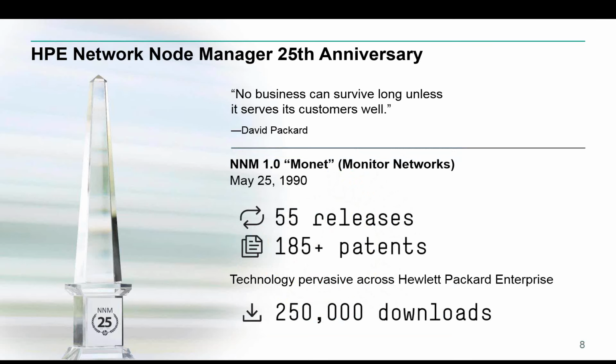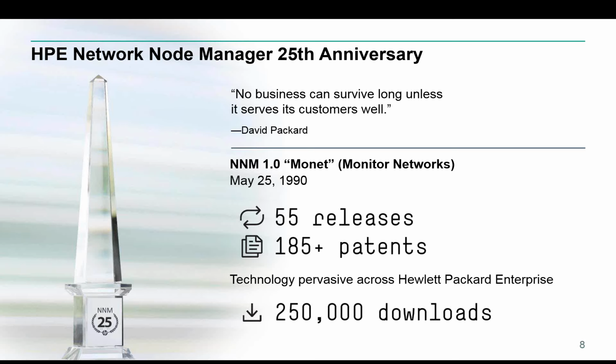Network Node Manager was initially introduced in 1990. It was codenamed Monet, for monitor networks. We've had about 55, I think now 56, releases of the product, and well over 185 patents in terms of intellectual property have gone into Network Node Manager over the course of its life. The technology we've developed in NNM has become pervasive throughout Hewlett-Packard Enterprise.